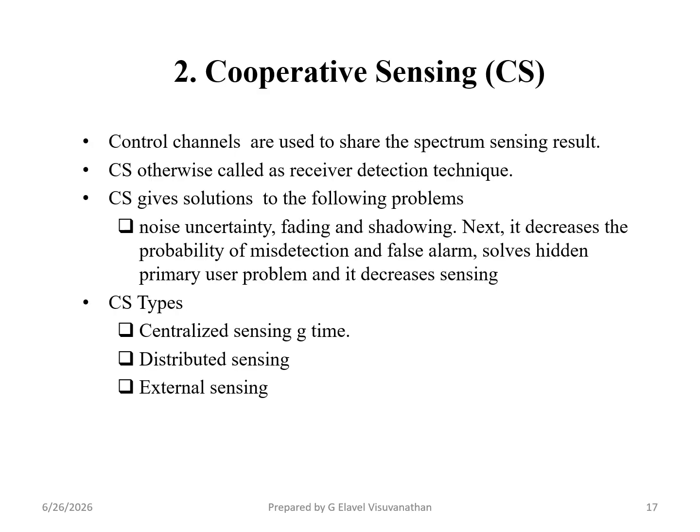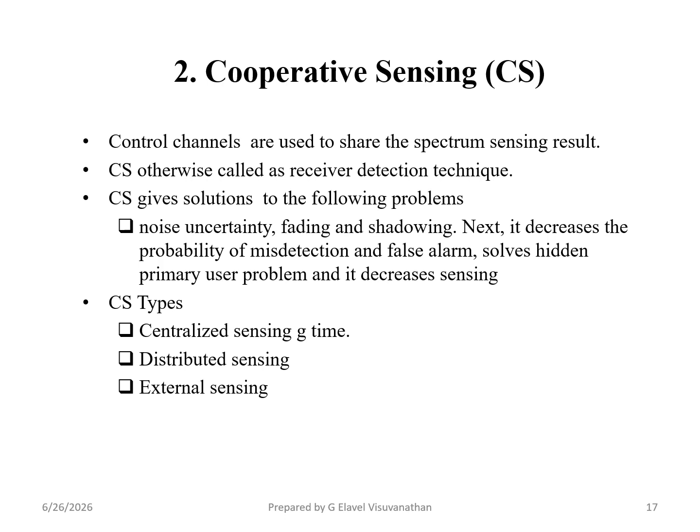Next, cooperative sensing. Control channels are used to share the spectrum sensing result. Next, CS, that is nothing but cooperative sensing, otherwise called the receiver detection technique.